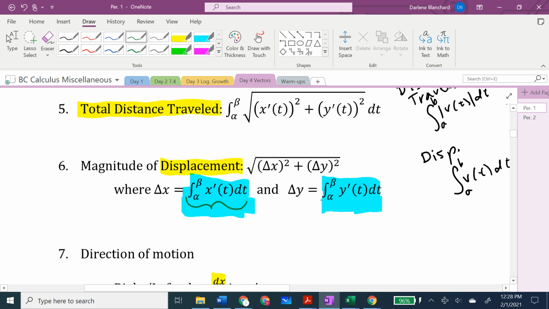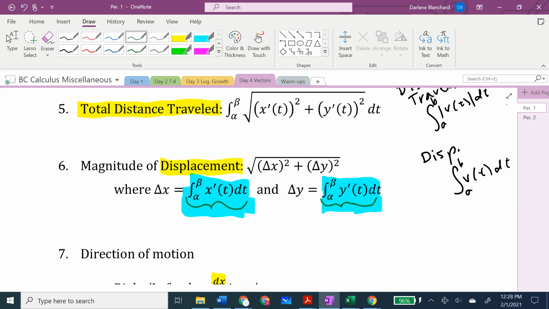If I integrate the y component of velocity from time alpha to time beta, that will give me my vertical displacement. But then to find the actual magnitude of my displacement, I have to Pythagorean theorem those two.